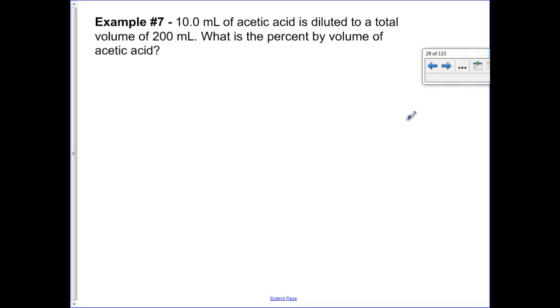Let's say you have some acetic acid. You have 10 milliliters of acetic acid, and you dilute it to a total of 200 milliliters. We want to find the percent by volume. So here's what you do. You take 10 milliliters, you divide by 200 milliliters, you times by 100.